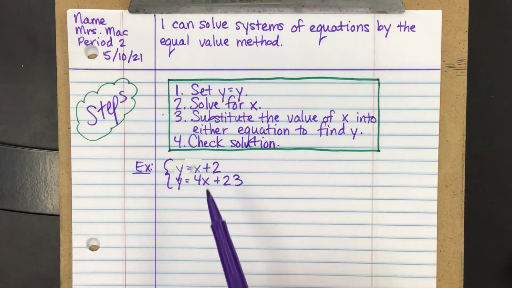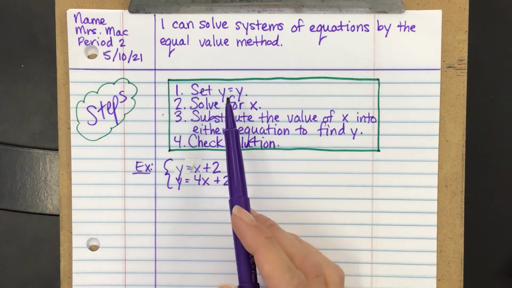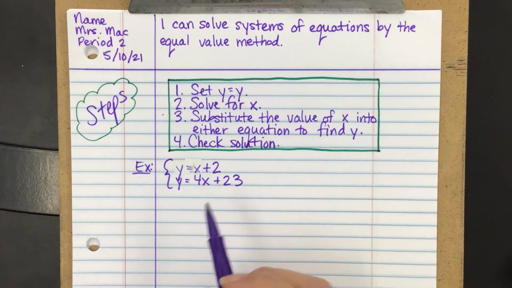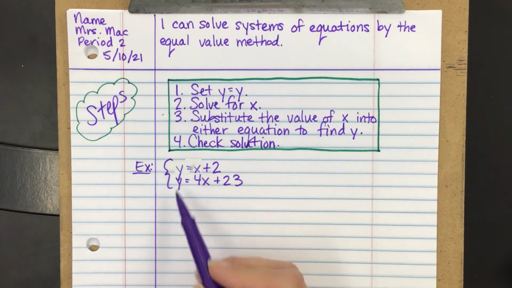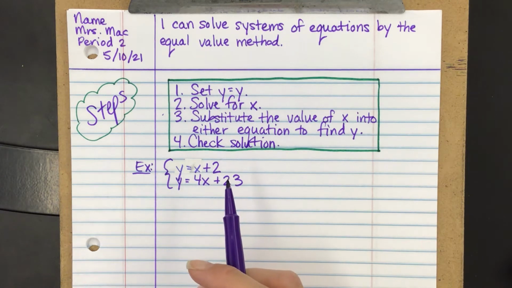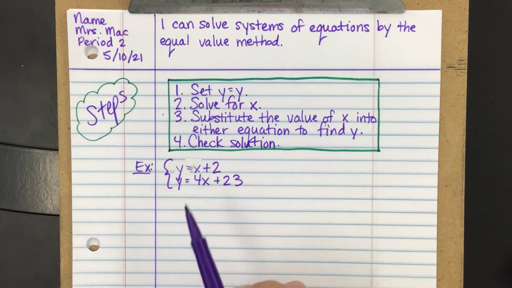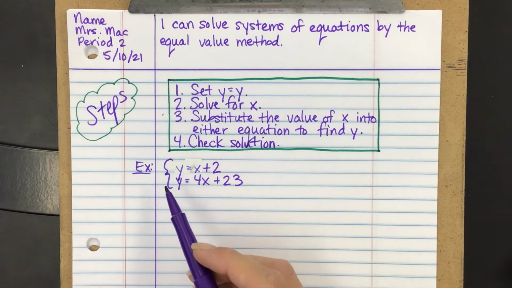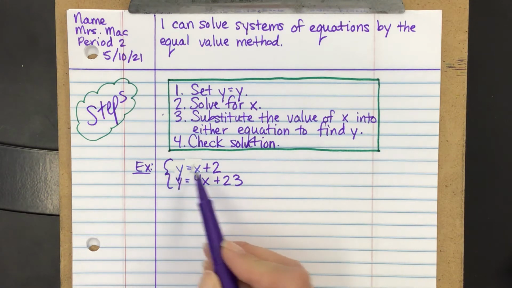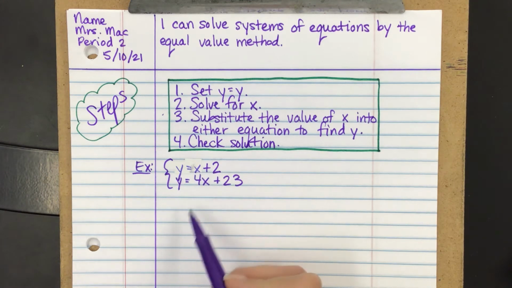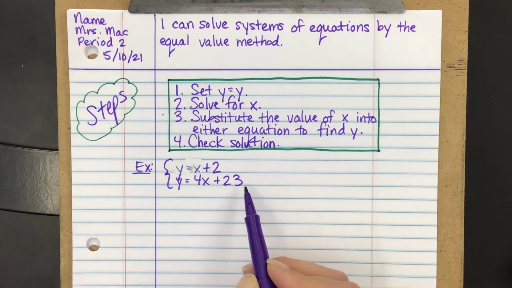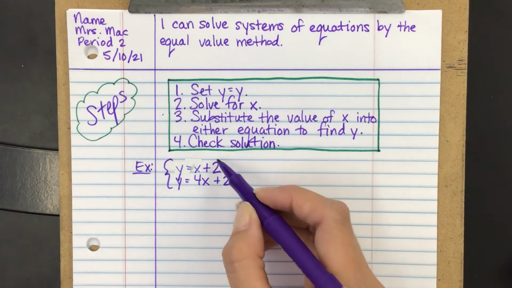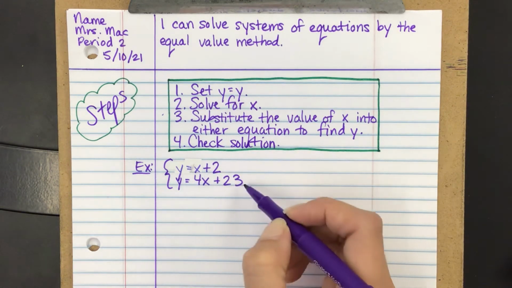So the first thing that it says is set y equal to y. Well, let me explain what that means. We're assuming that the x values and the y values are the same, because if it's the solution to both of those, then they're going to be the same. So we agree that y is equal to y. Well, if y is equal to x plus 2, and y is equal to 4x plus 23, then we can assume that this thing is equal to this thing.